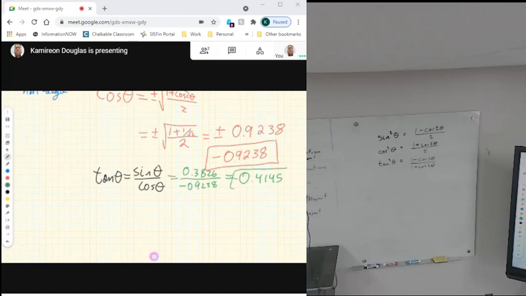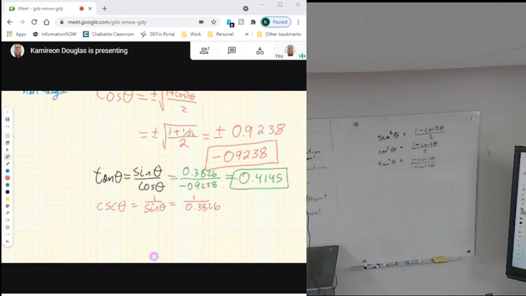All right. And then to find cosecant, secant, and cotangent, which is all 6, I would use the reciprocal identities to find the rest. So to find cosecant, I would use 1 over sine, so 1 over 0.3826.